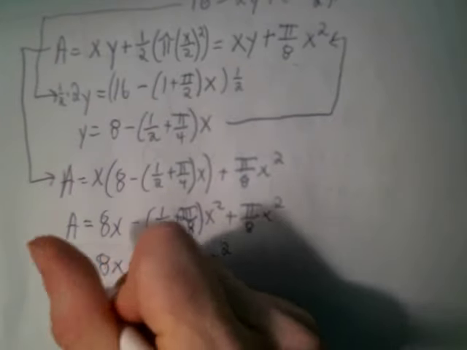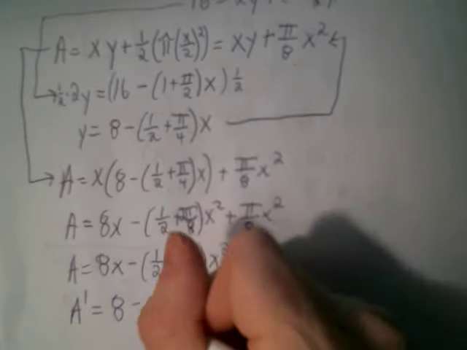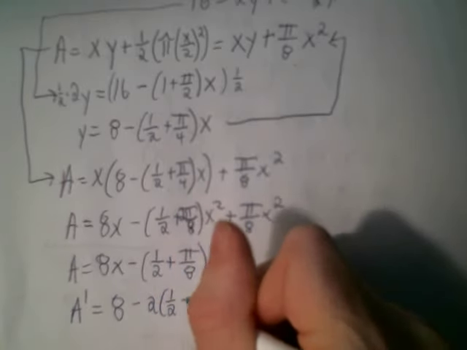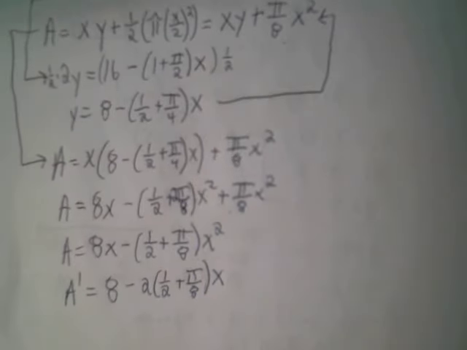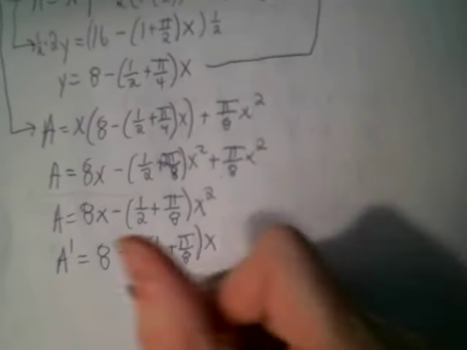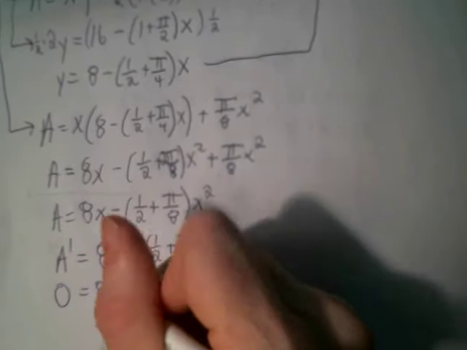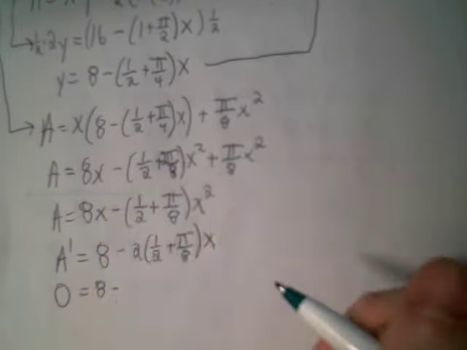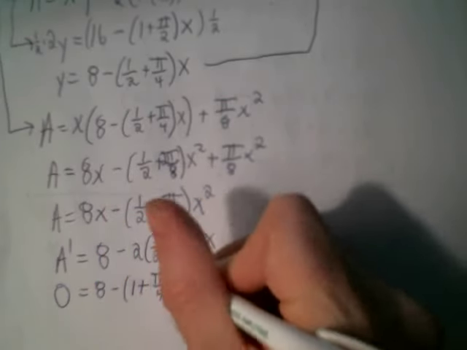And then I can take the derivative. So I have 8 minus 2 times 1/2 plus pi over 8 x. And then I'm going to distribute that 2 and set it equal to 0 so I can optimize the thing. So 8 minus 1 plus pi over 4 x's.